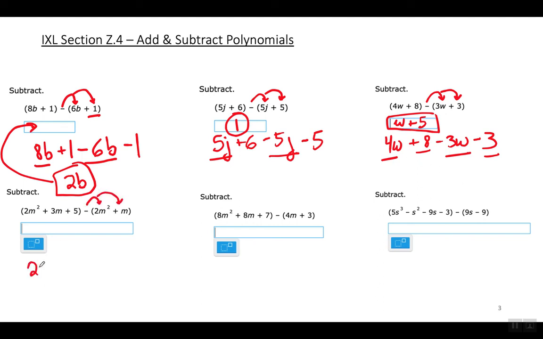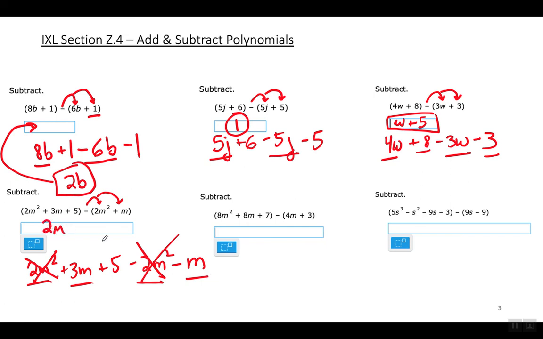So I'm going to have 2m squared plus 3m plus 5 minus 2m squared minus m. Okay, so that's going to give me 2m squared minus 2m squared, that's 0. 3m minus m is 2m, and this plus 5 has nothing else to combine it with, so it stays by itself.